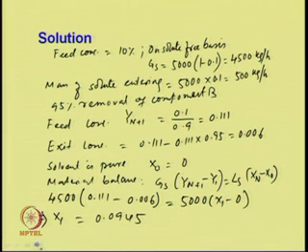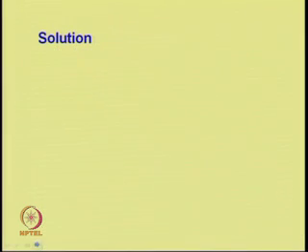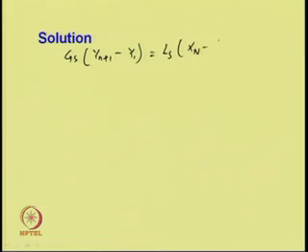Now, if we do the material balance over the envelope 2, considering the previous figure, Gs into yn plus 1 minus y1 would be Ls into xn minus x naught, and x naught is 0.